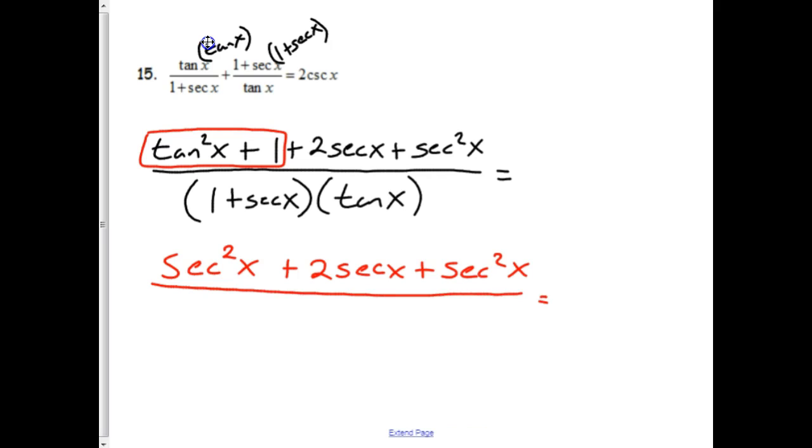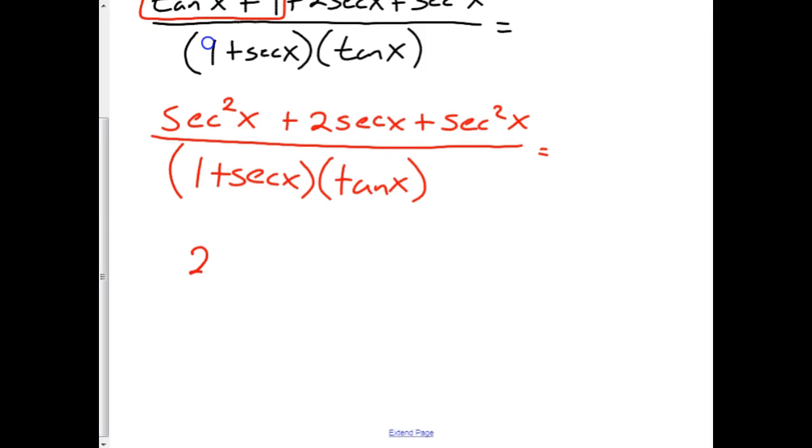All over. Remember, you have to show every step, okay? Alright. And now I see that I have 2 secant squared x's, so I can combine like terms, right?